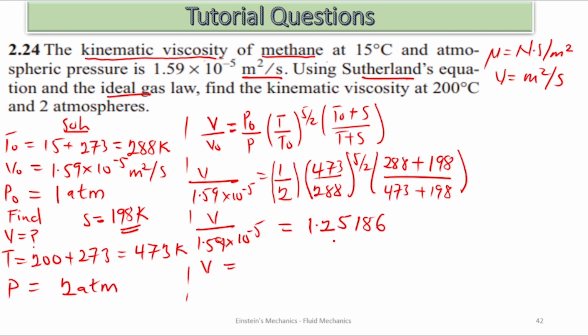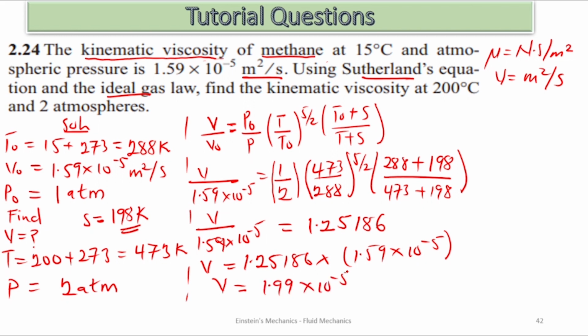Therefore my V will be 1.25186 multiplying 1.59 times 10 to the power negative 5, and with this we are getting 1.99 times 10 to the power negative 5. Check your unit: meter square per second.